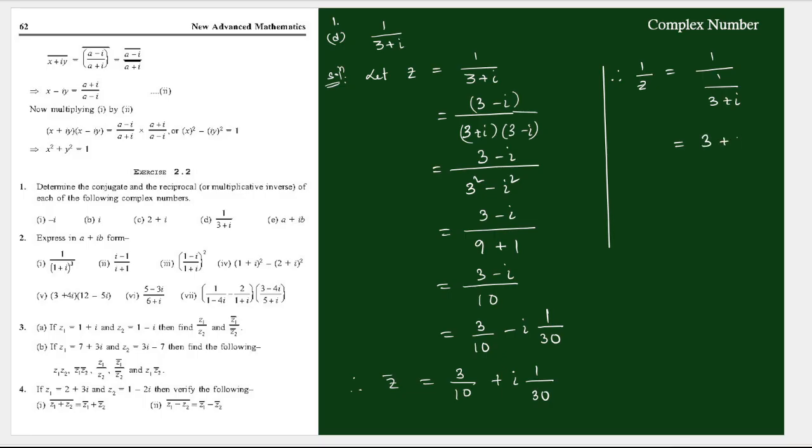So 3 plus i, this is the conjugate. In this case, the multiplicative inverse and the conjugate are not the same. Wait, why did I write this one? It will be 1 by 10.